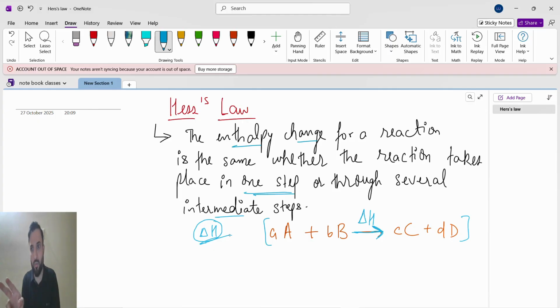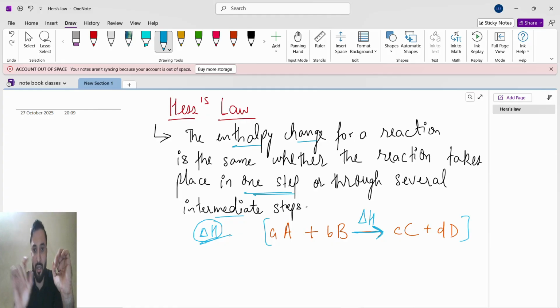Or the reactant can react to give some other product, then again a product, in several steps. So whether we get the product in one step or in several steps, that delta H will remain the same in Hess's law.